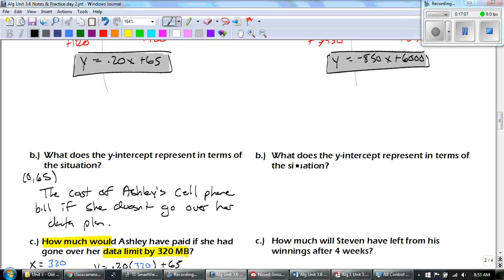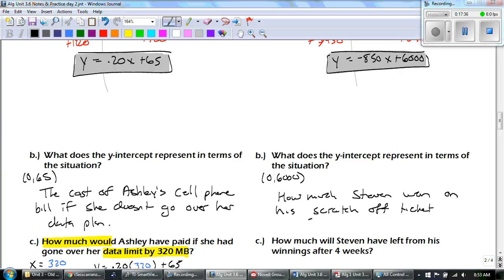So that y-intercept is 6,000, and what that represents is how much Steven won on his scratch-off ticket. And that was $6,000.